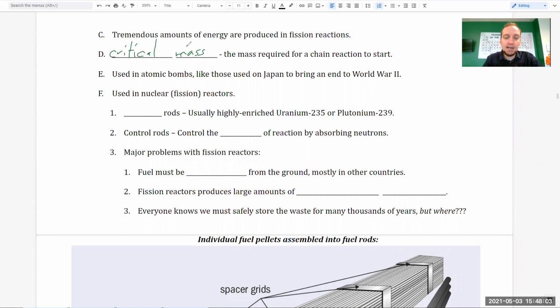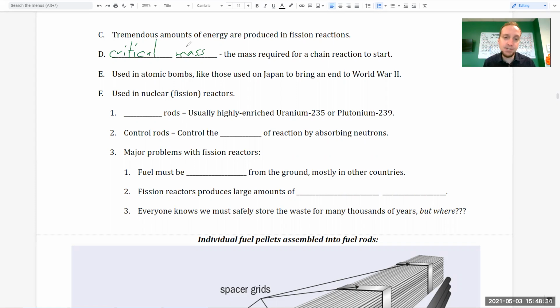If you have a mass of your fissile or radioactive material, like say uranium or plutonium or whatever it may be, but we don't have enough of it, like literally we don't have enough mass, then a chain reaction just cannot occur. We have to have a sufficient quantity of it so that once those neutrons start bombarding and bombarding and bombarding, it's just going to go on and on. That's called a chain reaction, and again is only attainable once we reach a critical mass. Anything below that, it's not going to go on as a chain reaction.